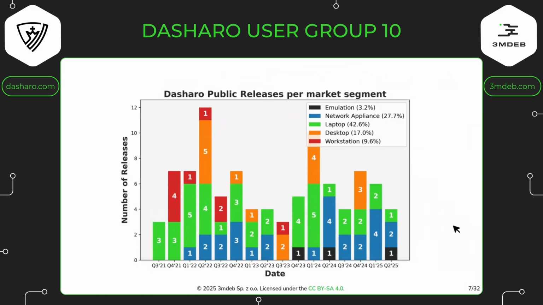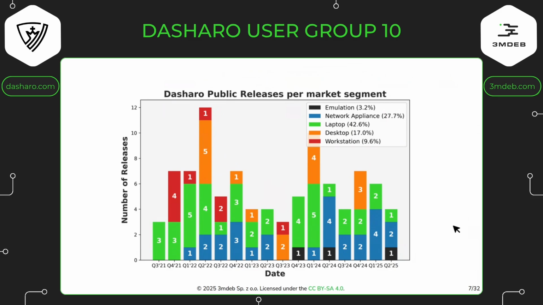Regarding the market split, we did emulation, so a QEMU release, which is maybe not so useful for you, but maybe in future there will be some users for that, especially when confidential computing grows to the level of needing firmware for virtual machines. But right now, we mostly use QEMU with the Dasharo release for QEMU to do the emulation and speed up the validation process.